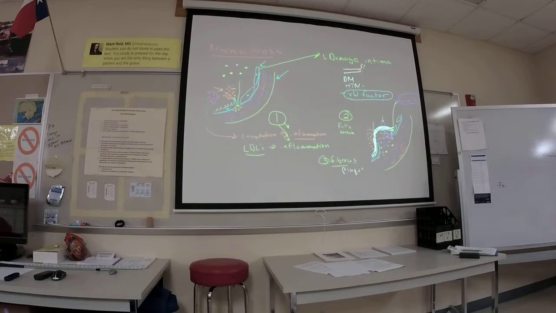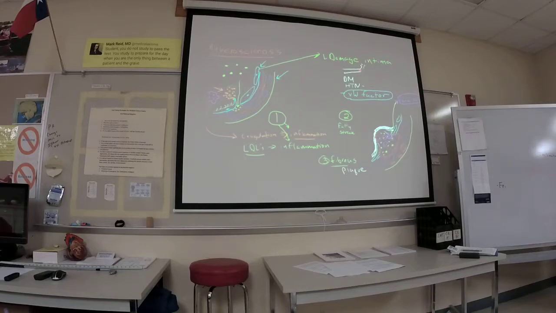Oftentimes when the fibrous plaque is there, this fatty streak is walled off from the bloodstream, so it'll become an indolent process. The inflammation is still going on underneath the surface, but it's not interacting with the bloodstream anymore. So there's not necessarily any platelet aggregation or anything like that.